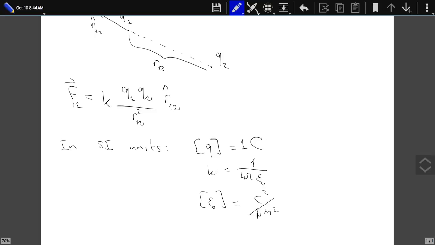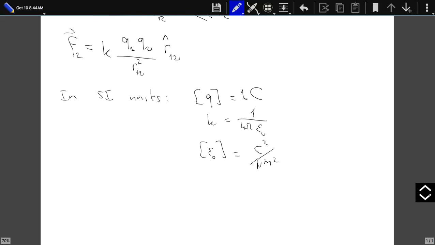This is the unit of epsilon 0. But the problem is how do you define the Coulomb? Of course, you define the Coulomb in terms of the ampere. 1 Coulomb is defined as 1 ampere second.